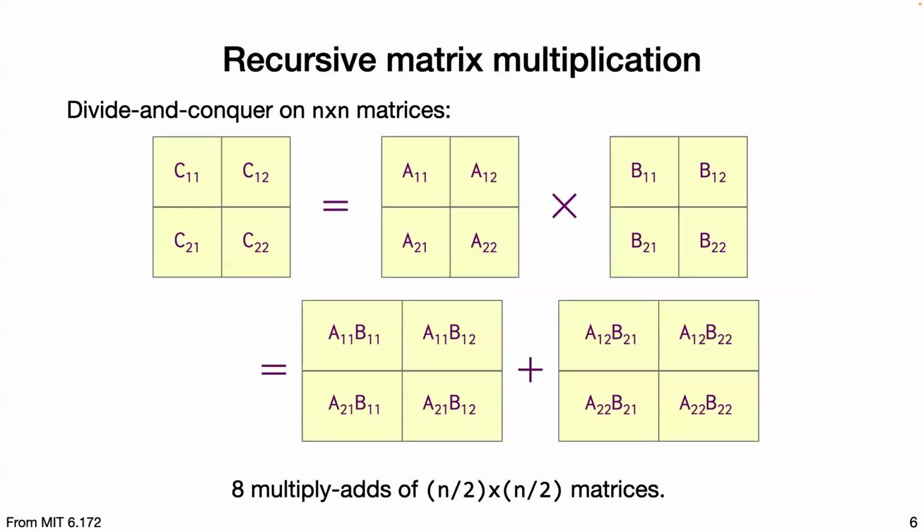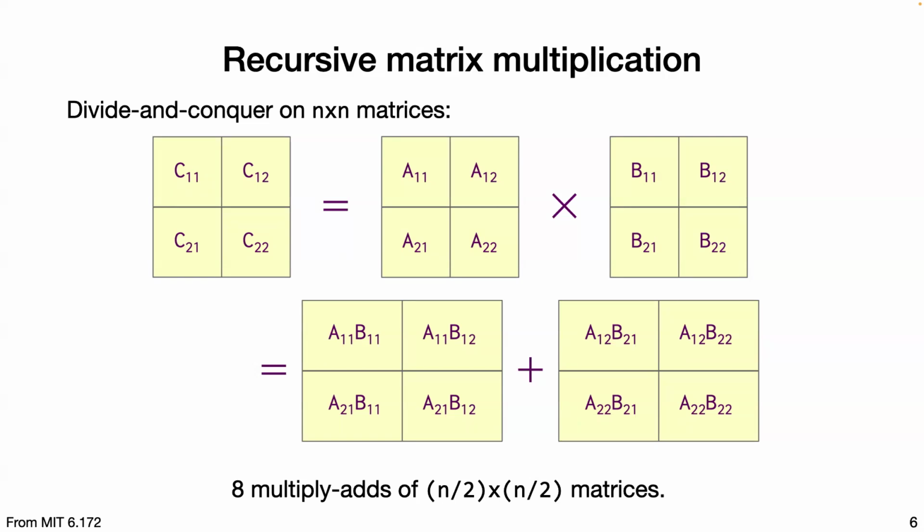So the topic today, as you might guess, is divide and conquer again. We talked about this divide and conquer matrix multiply last time when we did parallel algorithms and work span. This is how it works: for simplicity, we're going to make the matrices square, so you have n by n matrices, and you divide them into quadrants.